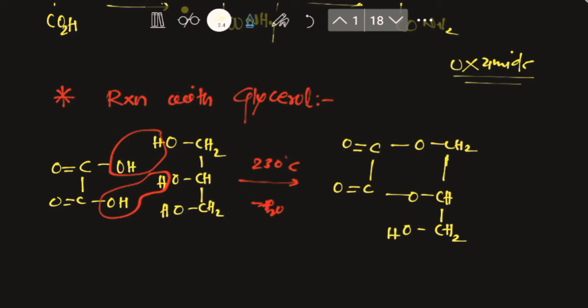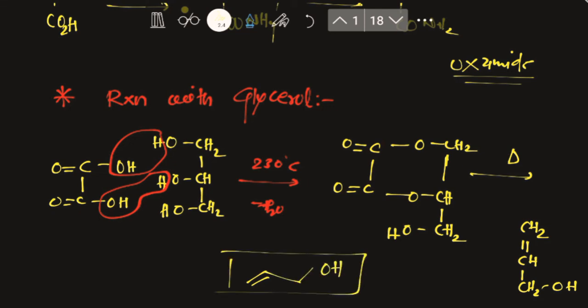Later on this will undergo cleavage at high temperature, and it will form allyl alcohol. What is that allyl alcohol? CH2 double bond CH and single bond CH2OH. This is called allyl alcohol. So the reaction with glycerol forms allyl alcohol.